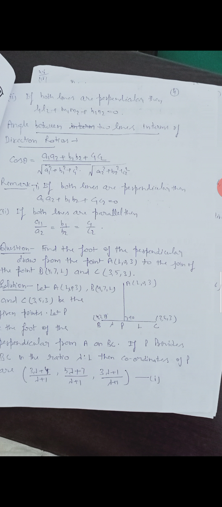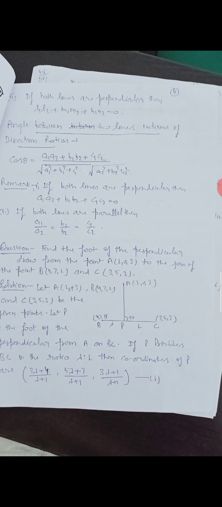So let AP divide the line BC in the ratio lambda to 1. Then the coordinates of P can be written as (3 lambda plus 4 upon lambda plus 1, 5 lambda plus 7 upon lambda plus 1, 3 lambda plus 1 upon lambda plus 1). This is equation first.